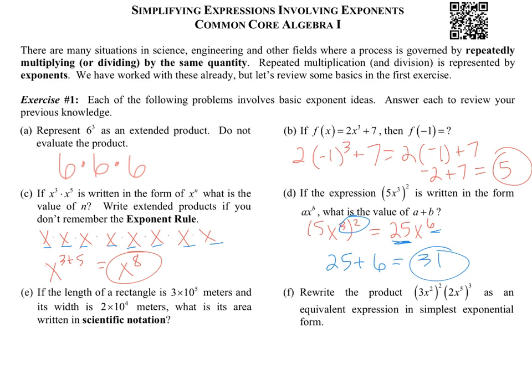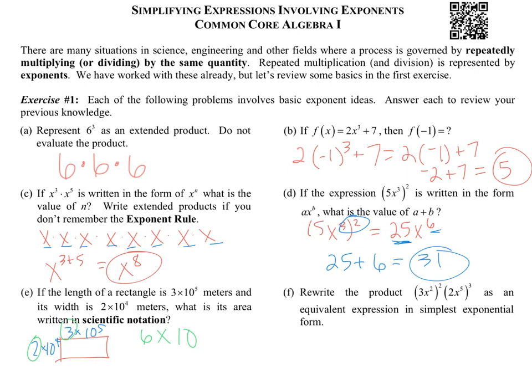If the length of a rectangle is 3 times 10 to the fifth power, and the width is 2 times 10 to the fourth power, what's its area? Well, remember, area means I'm going to multiply them together. So I have 2 times 3, which is 6.